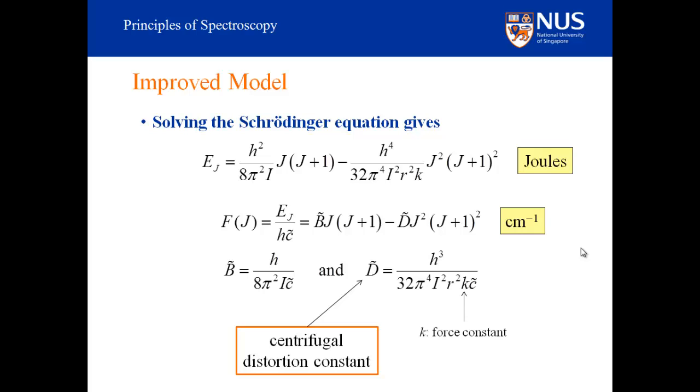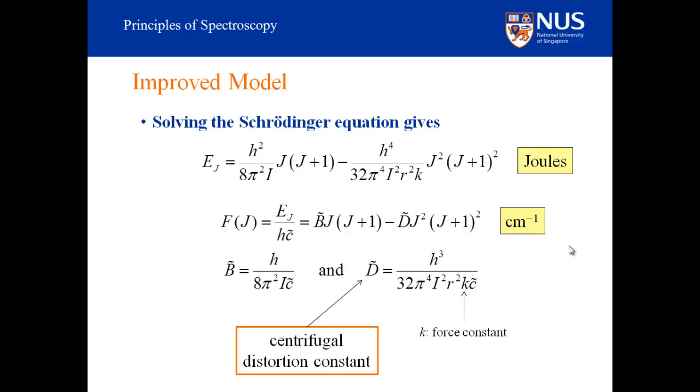And I apologize for the confusion that arises here, because this k is not Boltzmann constant, it is a force constant. We use the same symbol, sadly. So this is the force constant, that is how stiff the bond is. If it is very stiff, I'd have a large force constant. The centrifugal distortion will be very small, so it won't affect the energy very much. The stiffer the bond, the closer it is to my rigid approximation.